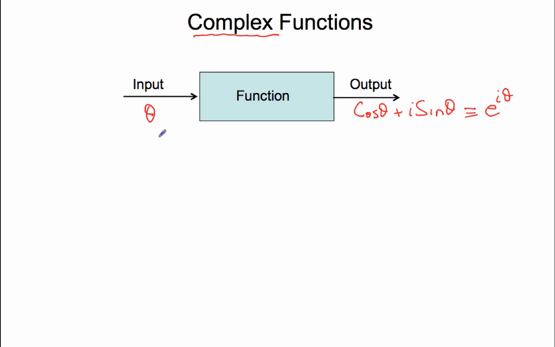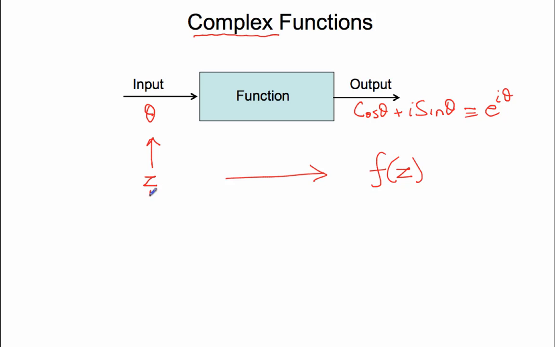So this is an example of a complex function where you give a real number as the input and out comes a complex number. Now, more generally, you could have given over here the complex number z, and out would have come the complex number f of z.